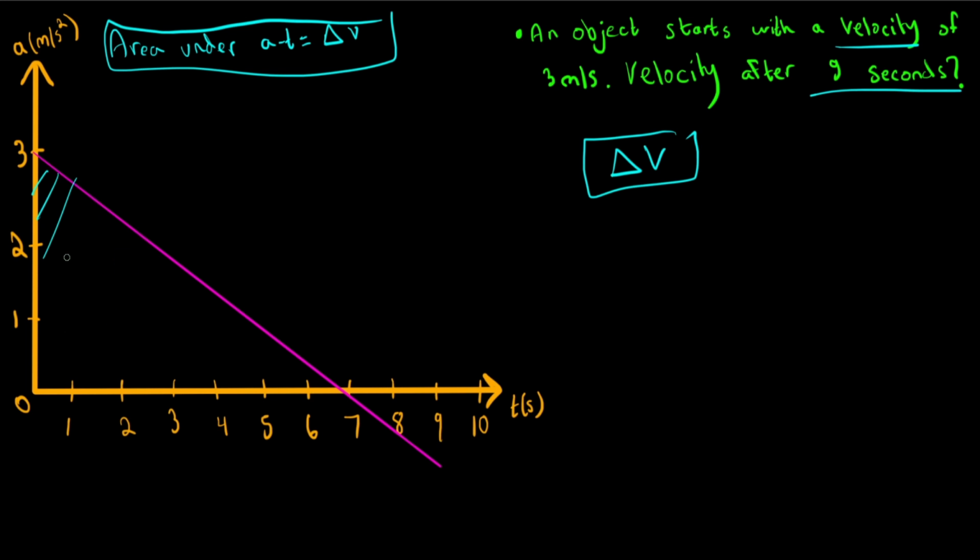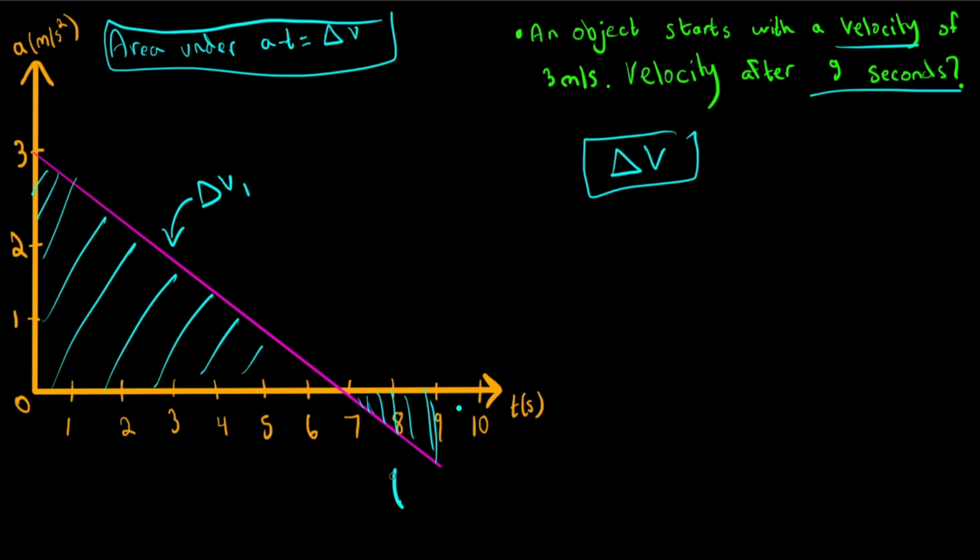We have two different triangles here, one over the graph and one under the graph. Whenever there's a shape underneath and we're calculating the area for it on the negative side, it will be negative. Let's name this one delta v1 and this one delta v2.